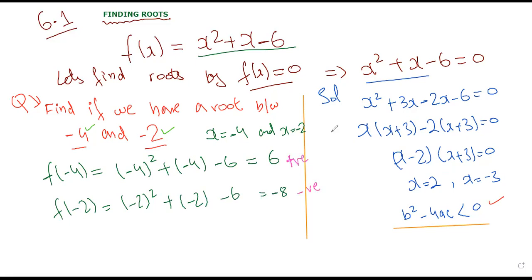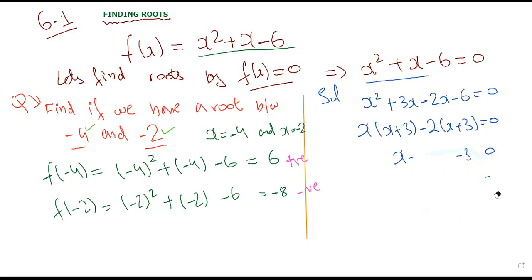Let's talk about it on graph. Although we know that, just look at this x equals -3. Can you see x equals -3? Yes. We know that there is a root, but we don't have to tell them by finding it or by using b square minus 4ac less than 0. We need to do it by this method.